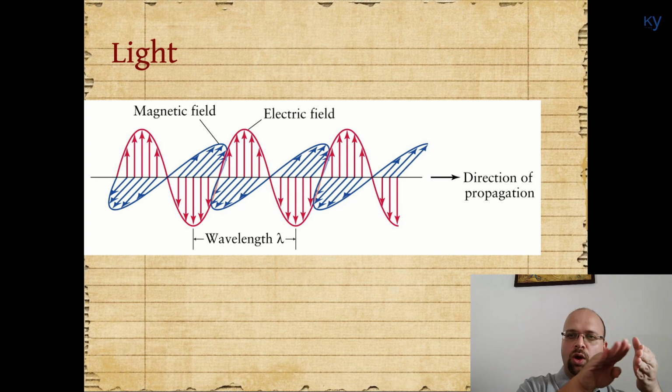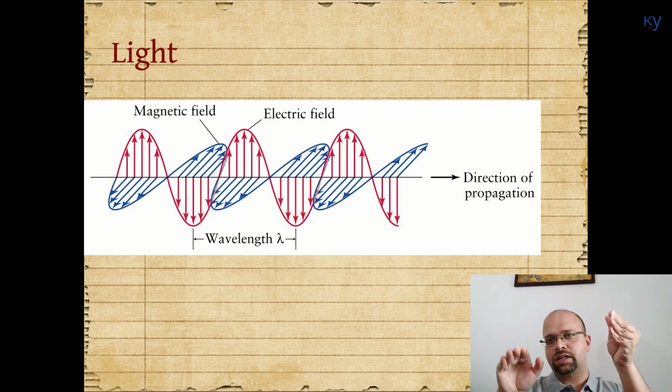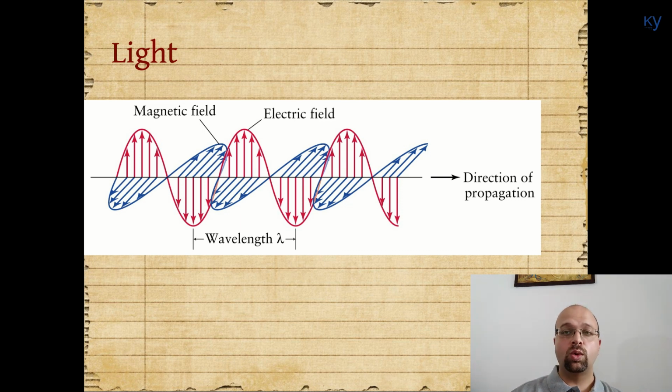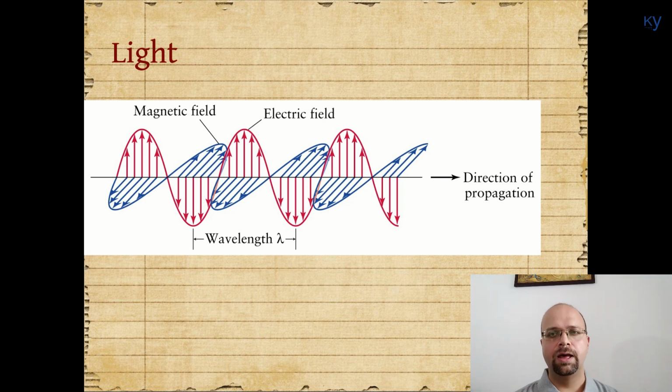If you freeze a ray of light, along it you can see that at one place there is a high magnetic field, then it goes down to zero, then it becomes strong again in the opposite direction, and then again goes to zero. The distance along a single ray where the magnetic or electric fields are zero at two consecutive locations is known as the wavelength of light.